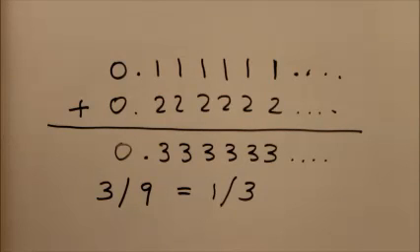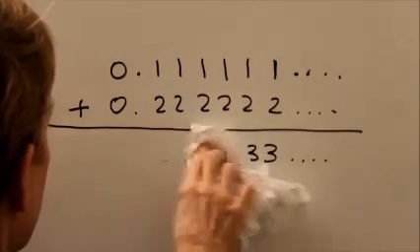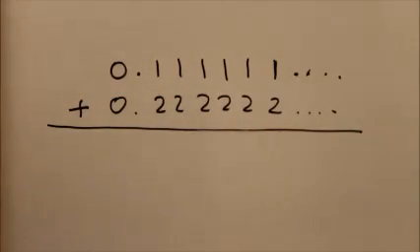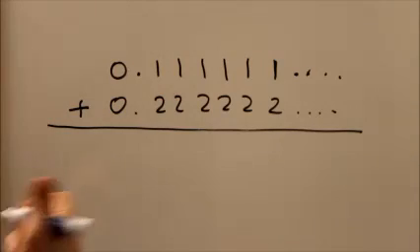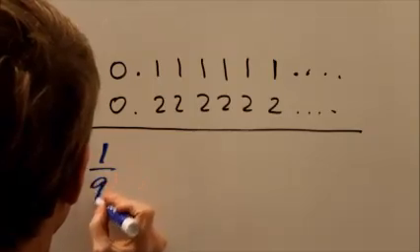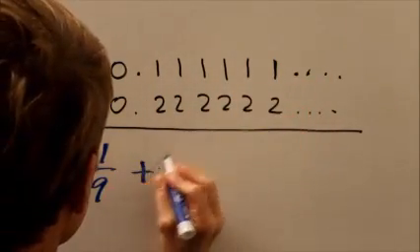When we want to add two fractions and they both have the same denominator, what do we do? Well, here we've got two fractions. We've got 1/9. That's 1/9 up there. This is 2/9.